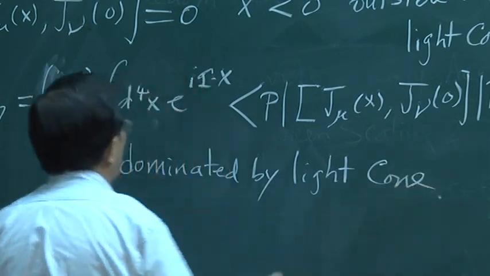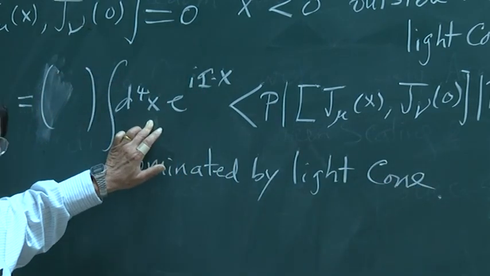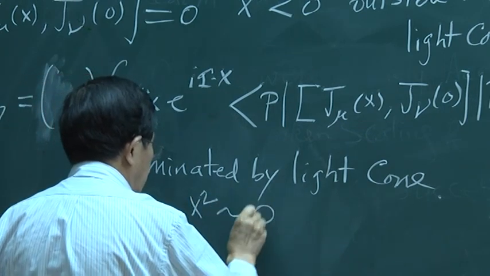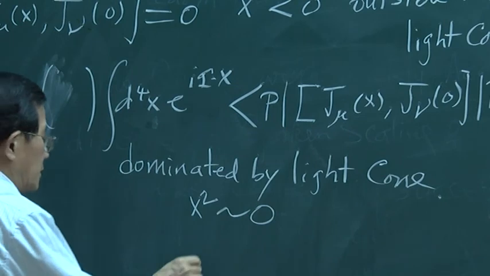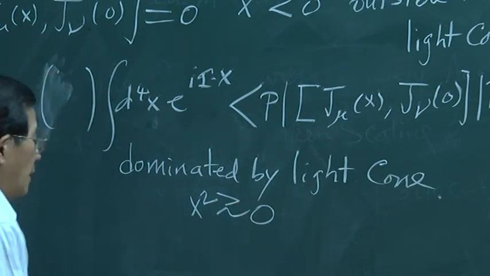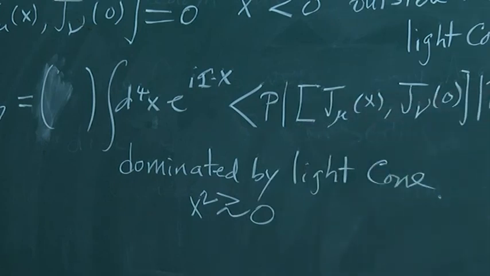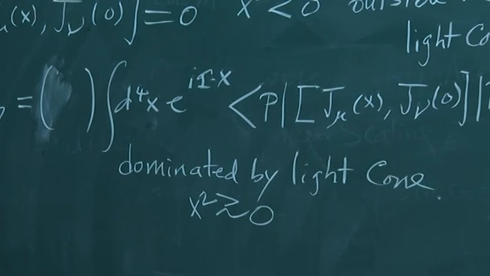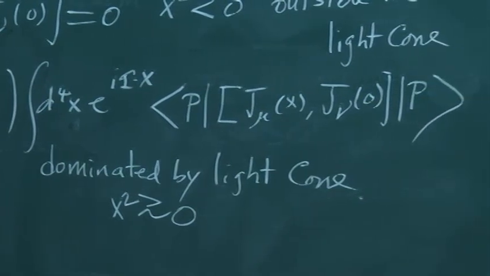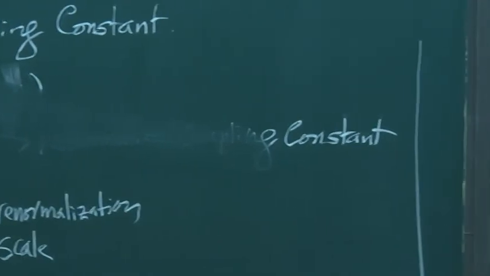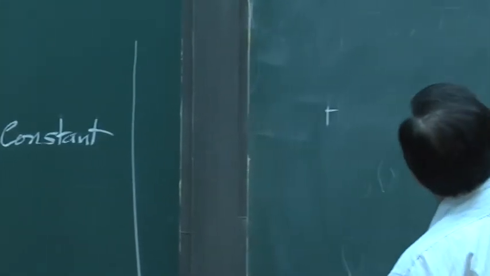In other words, when you do the x integration, x squared is very close to 0, okay? And bigger than 0. So let me show you. The argument is heuristic, so you just have to swallow it. Once you get used to it, you accept it.